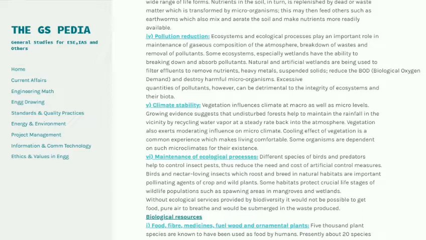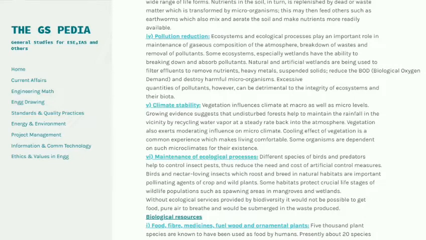6. Maintenance of ecological processes. Different species of birds and predators help to control insect pests, thus reducing the need and cost of artificial control measures. Birds and nectar-loving insects, which roost and breed in natural habitats, are important pollinating agents of crop and wild plants.